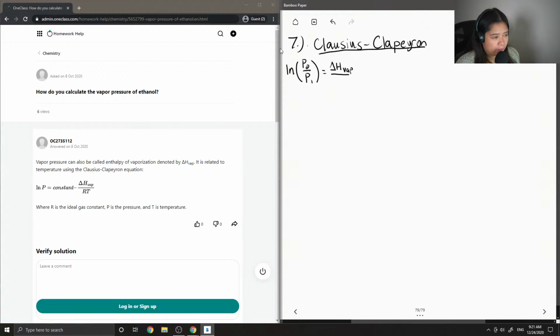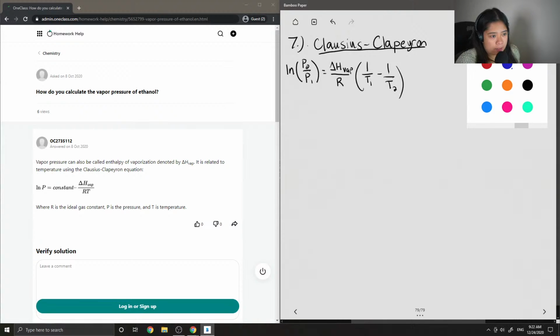Let's say the temperature was increased to this, and it started at room temperature at this pressure, then what is the new pressure? You can use the Clausius-Clapeyron equation for that.